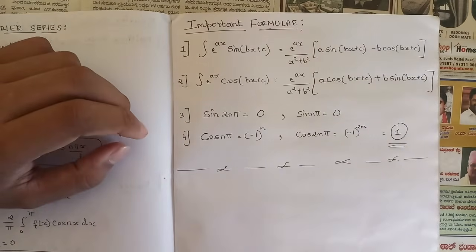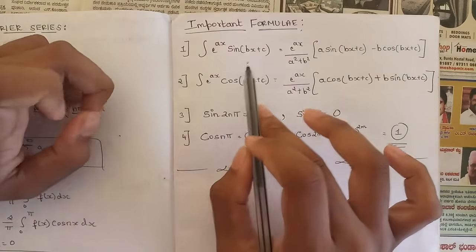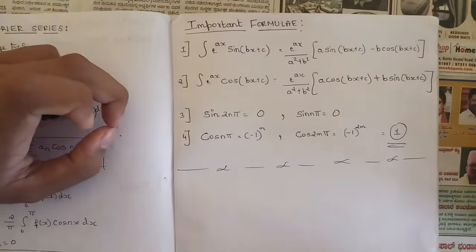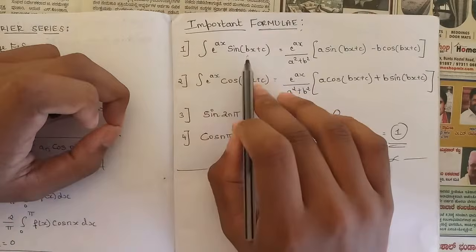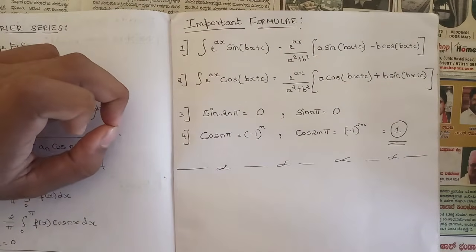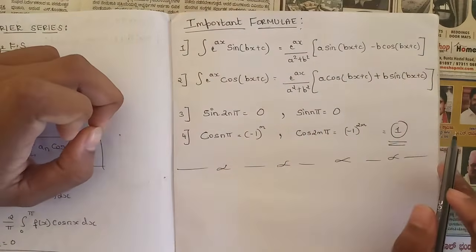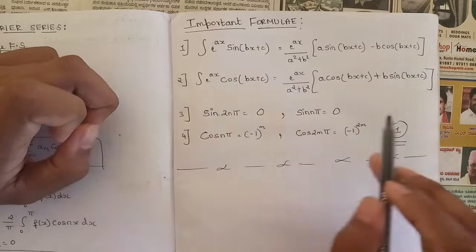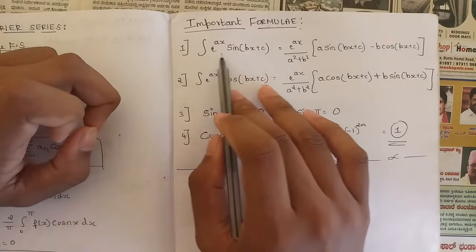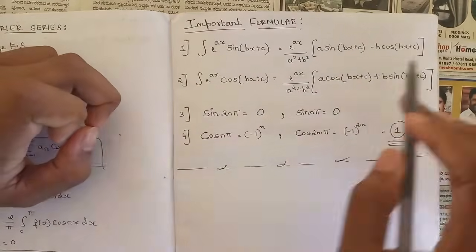So we'll start now. The first formula is for e power ax sine bx plus c, where a, b and c are constants. There will be some numbers in that place. See, in case we get the integration of e power ax sine bx plus c or cos bx plus c, we have this set of formulas.